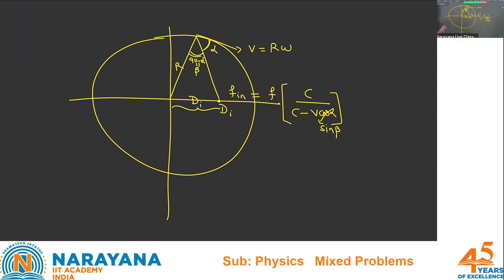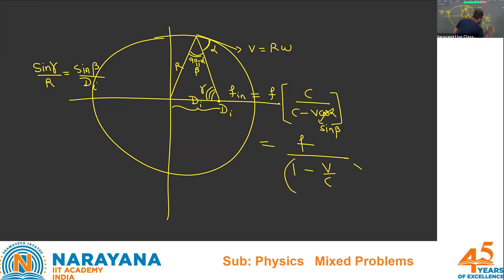If we use this angle as our gamma, we can write sine gamma upon r is equal to sine beta upon di. So I want to incorporate this as f upon 1 minus v upon c times sine beta, and that becomes di upon r times the sine gamma term.